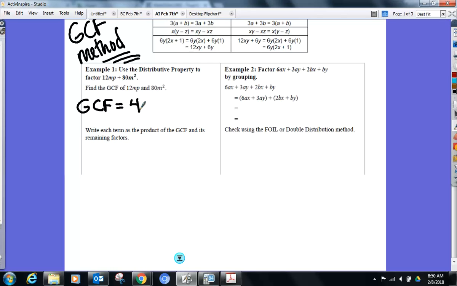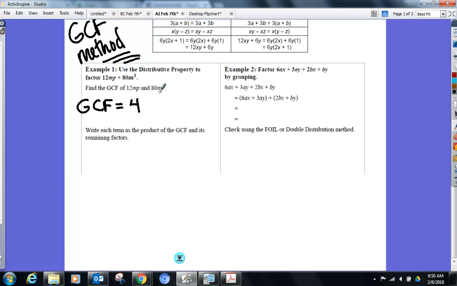Now, you'll also notice both monomials have what variable in it? M. So I can also take out something with an M. And when you take out the variables, here's the rule. You take out the one with the lowest exponent. So this is M to the first, and this is M squared.